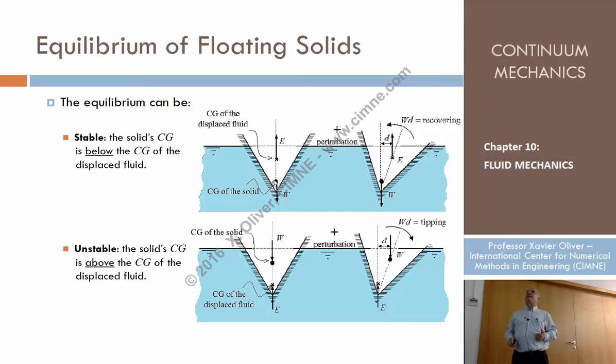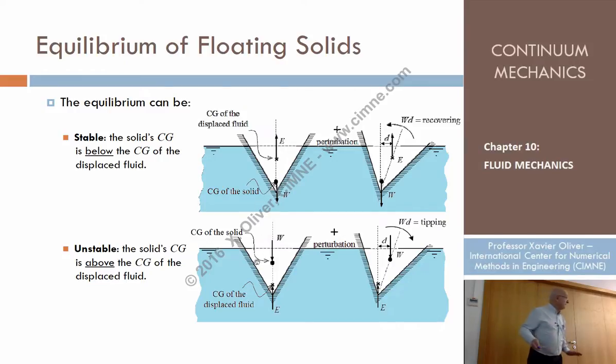But it's applied on a different point. In what point? In the gravity center of the solid. Okay? So we have the upthrust, which is applied to the gravity center of the displaced fluid, and the weight, which is equal in modulus to the upthrust, but applied to the center of gravity of the solid.